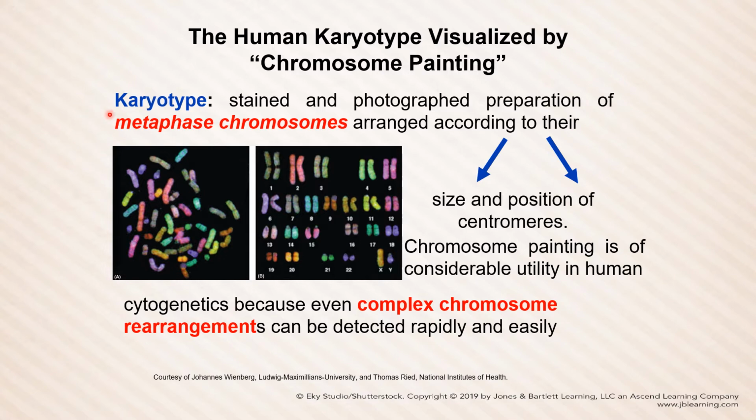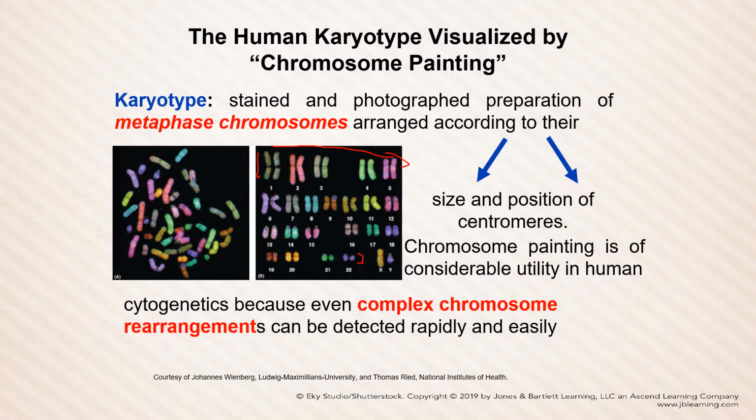And about its importance. Here we see that this in B is a karyotype, and a karyotype is when you stain and photograph a preparation of metaphase chromosomes and arrange them according to the following parameters: the size, as I showed before, when we compare 1 and 22, the sizes start getting smaller, and the centromere, the location of the center of the chromosome, which we will talk about in a second to remember that concept.